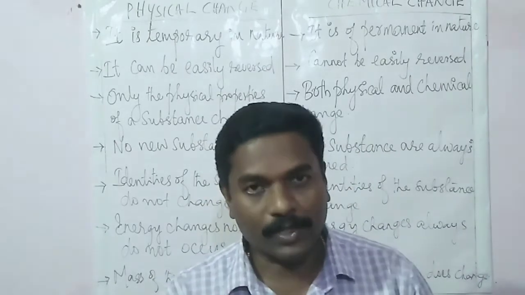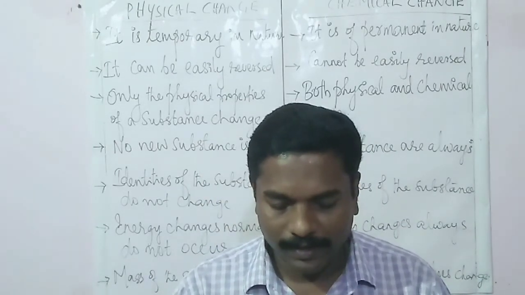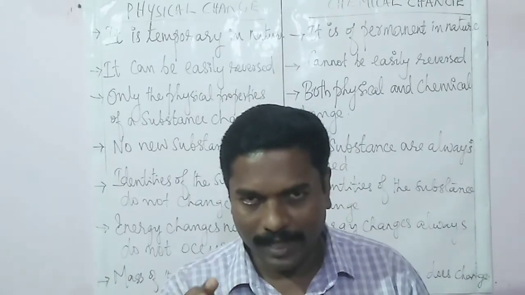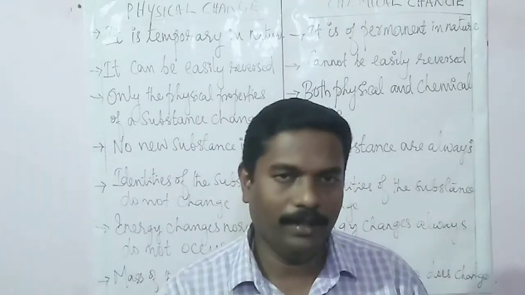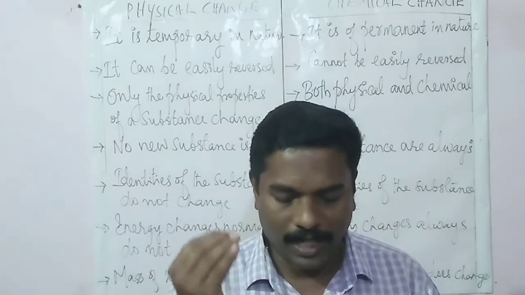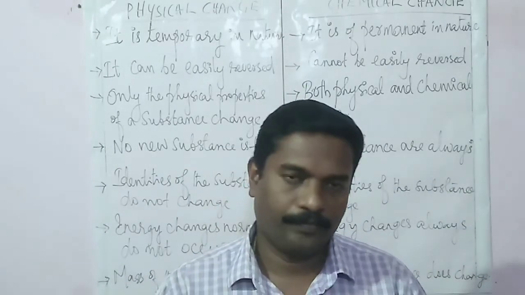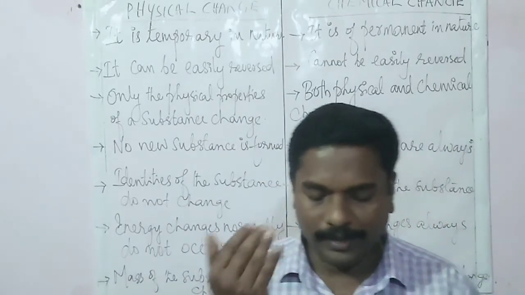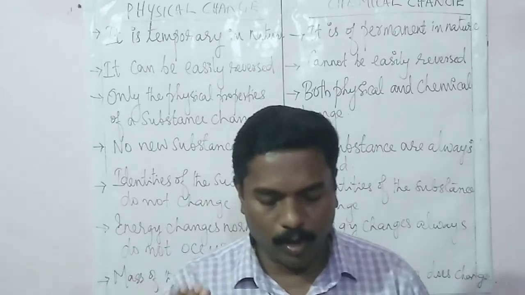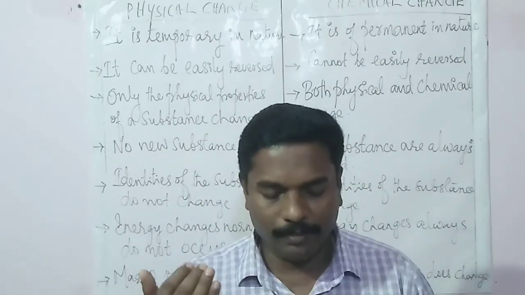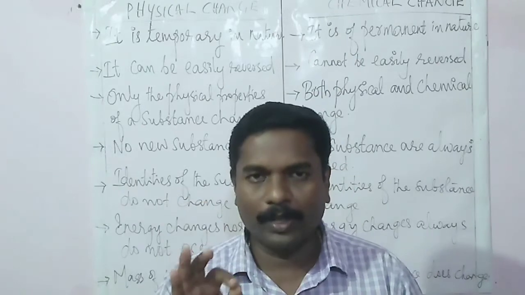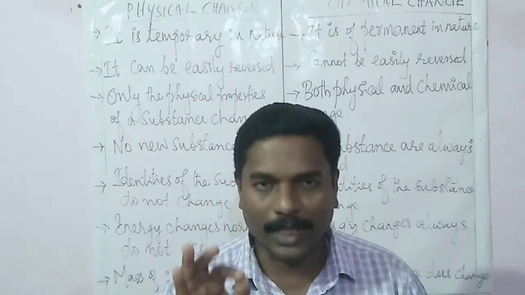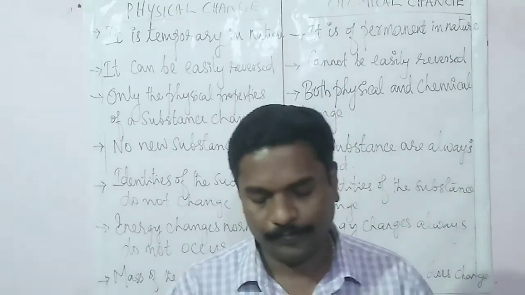They are lustrous, they conduct heat and electricity, they are malleable, they are ductile, they are sonorous, they are hard, etc. And examples for metals as we know: gold, silver, copper, iron, sodium, potassium, etc. And mercury is the only metal that exists in liquid state at room temperature.